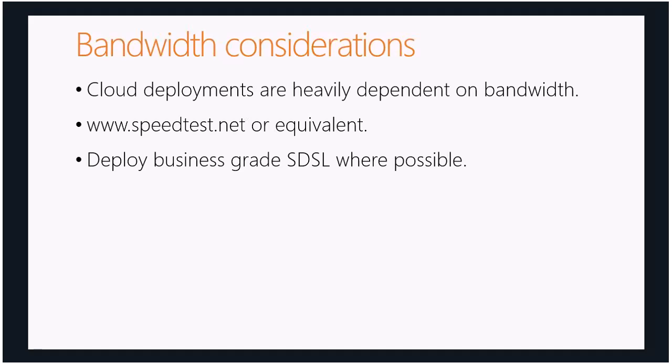This means that you need to look at deploying a business grade synchronous DSL line where possible. Synchronous gives us the same speed up to the internet as down to the internet. So if you are working with clients who have a heavy dependency on documents, looking to download and update documents, especially with something like SharePoint or OneDrive Online, ADSL is probably going to struggle, given its limitation of upspeed.